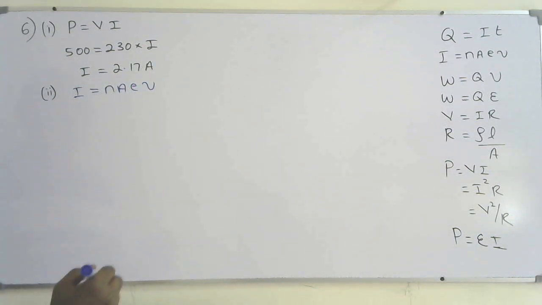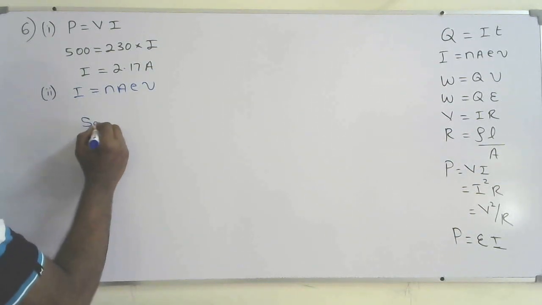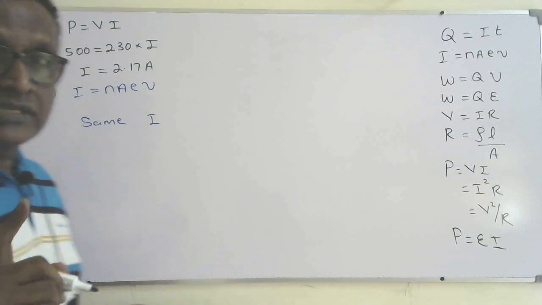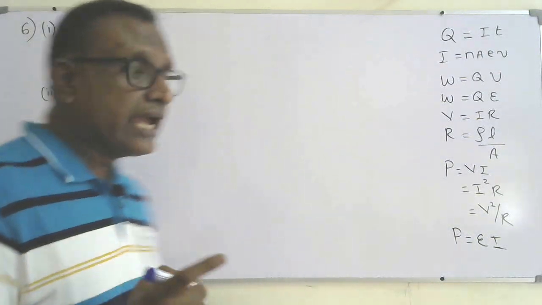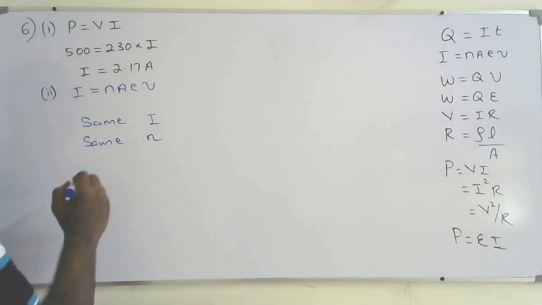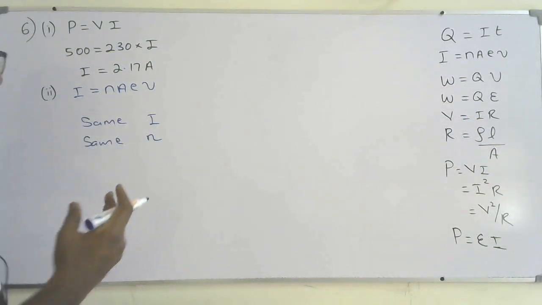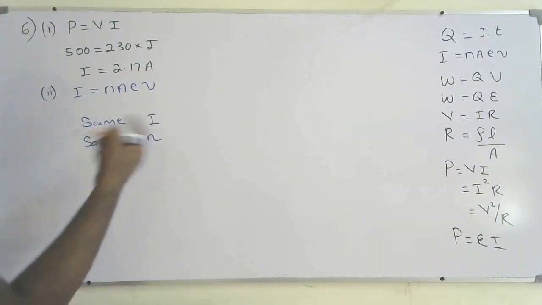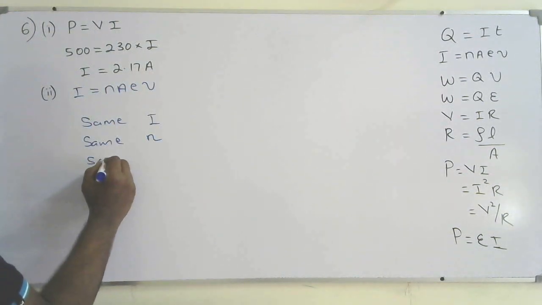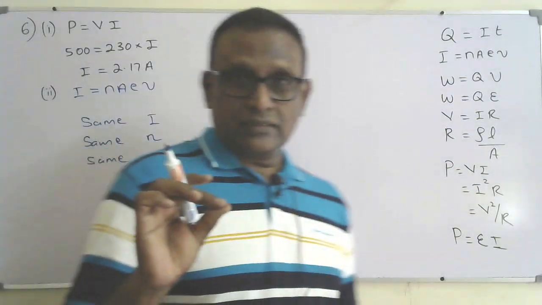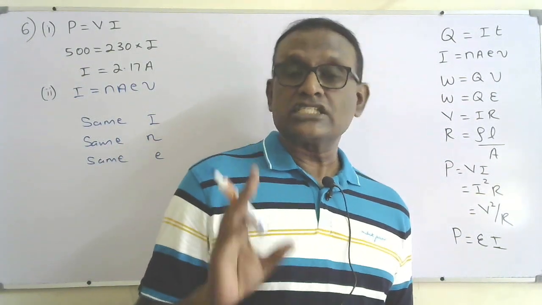Simply we can say both have the same current because that's given in the question. Both are made of the same material, so both have the same n. e is the charge of an electron, so that will be the same for both.